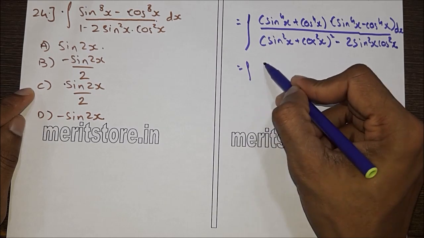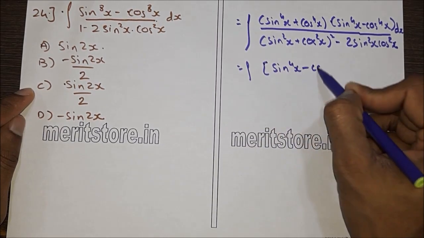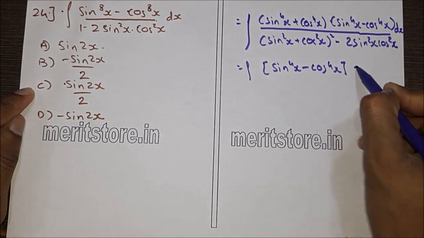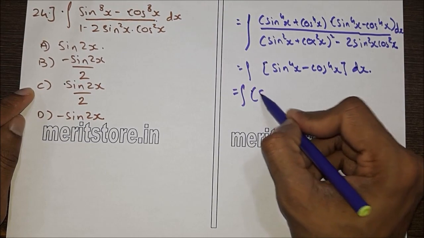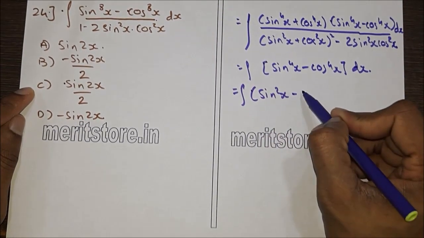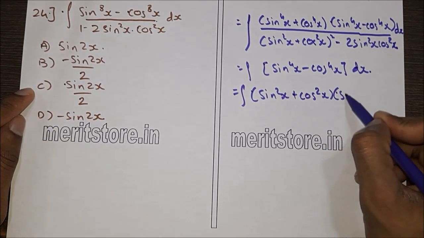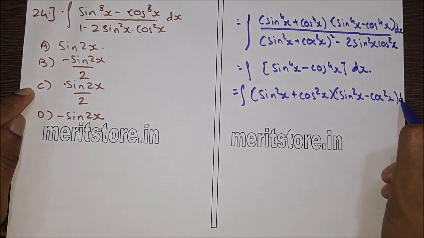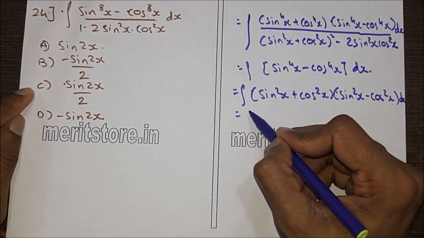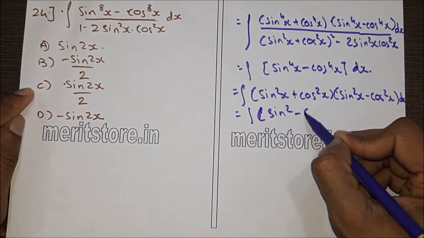Further, we can write this as sin raised to 4 x minus cos raised to 4 x dx. You can write this as sin square x plus cos square x into sin square x minus cos square x dx, integral sin square x minus cos square x.